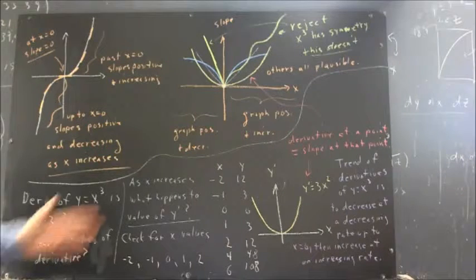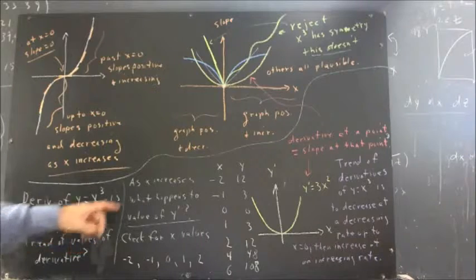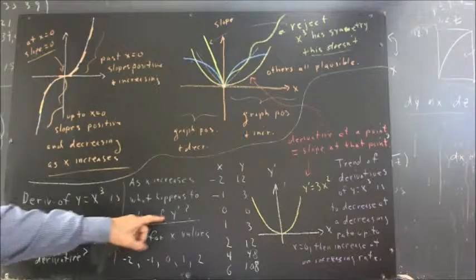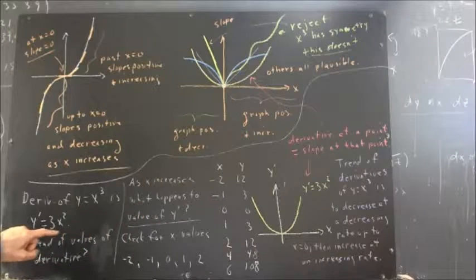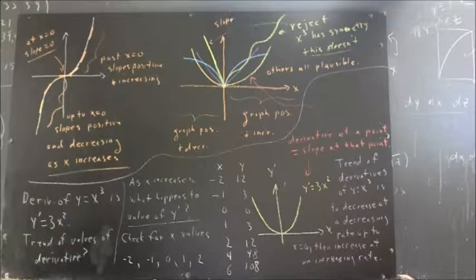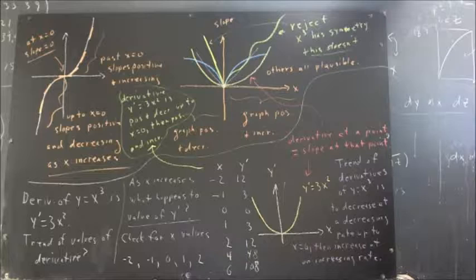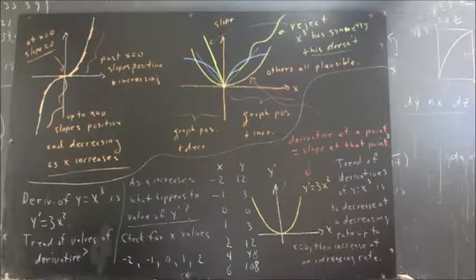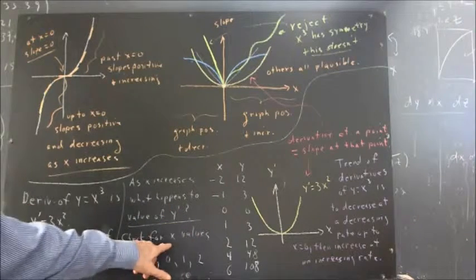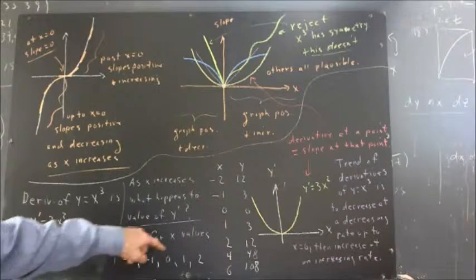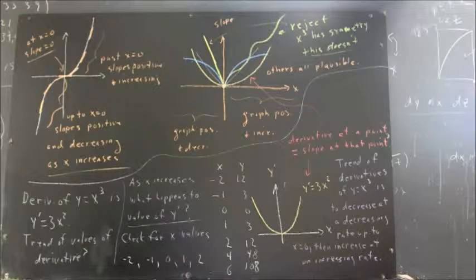Well, that's equivalent to asking, basically, as x increases, what happens to the value of y prime, that is, to the value of 3x squared? So we could check the trend. We could let x take values like -2, -1, 0, 1, 2.